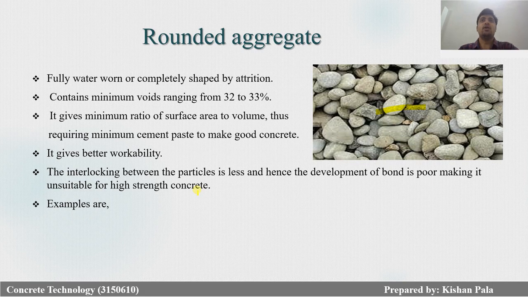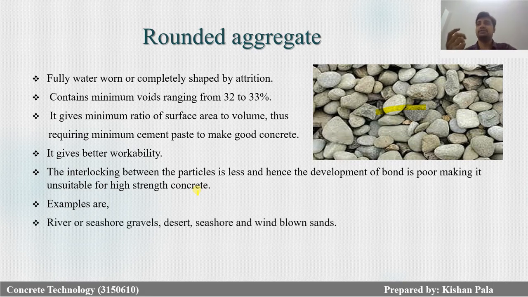Examples of the rounded aggregates are river or seashore gravels. Generally you are getting the rounded aggregate from river and seashore gravels and desert and wind blown sand. This sand is formed by the wind. Clear?